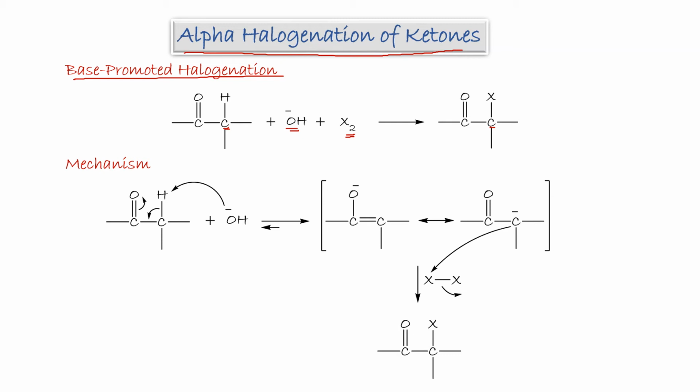Well, the mechanism: first step, deprotonation, enolization, forming the enolate ion. The enolate ion will attack the halogen, the partially positive center, kicking X minus out and forming the alpha halogenated carbonyl compound.